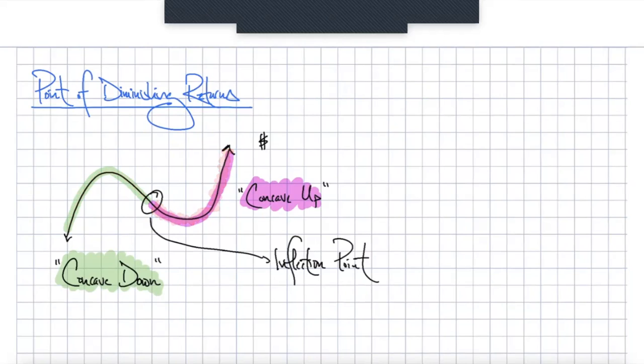So when I say, let's look for the inflection point, we're looking for where the curvature might change from this to something like this. And it could go the other way around. I could be saying this, and then at some point I'm going to start to not be able to hold water anymore.